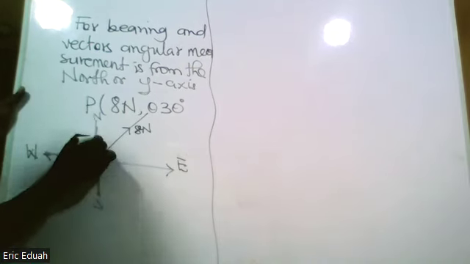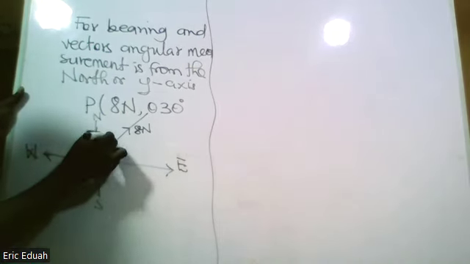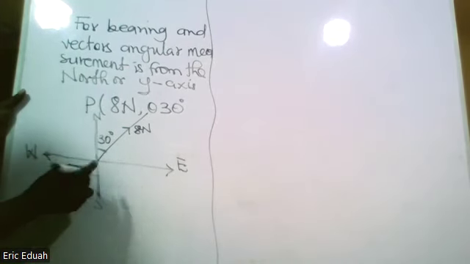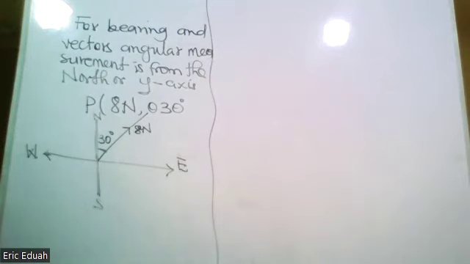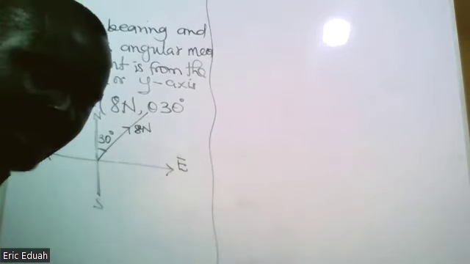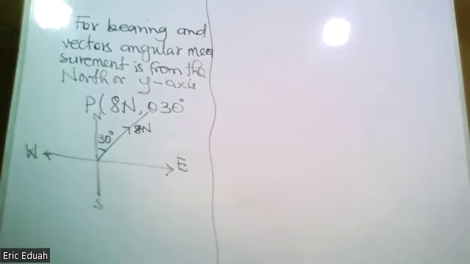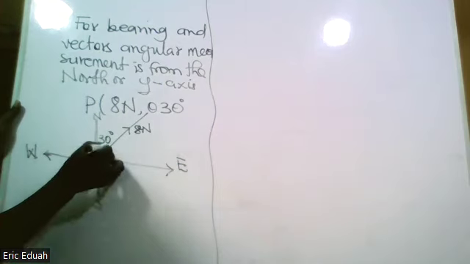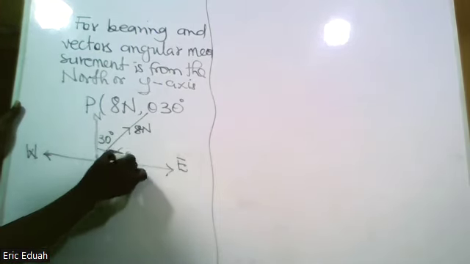Now, once this is 30, these are complementary angles, and complementary angles add up to be 90. So once this is 30 degrees, the remaining angle is 60.